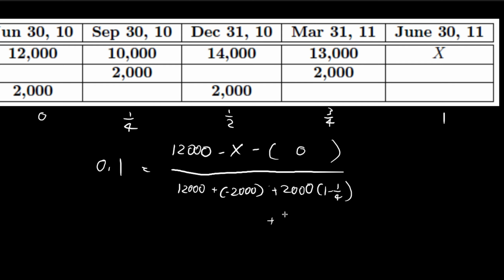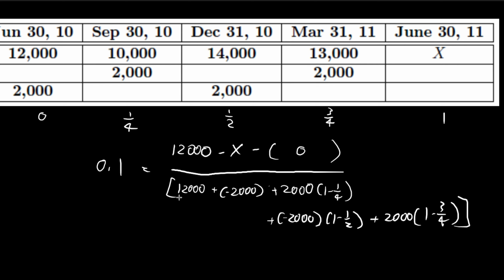Then we have another 2,000, but again it's a withdrawal, so minus 2,000, times 1 minus the time that it occurs, and then plus 2,000, times 1 minus the time that it occurs. So this is the entire denominator. All we have to do is calculate this expression, move it to the other side, and with a bit of rearranging we can find x, which is equal to 13,100.